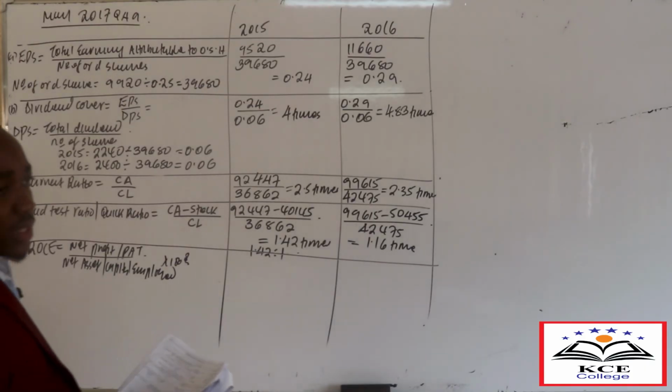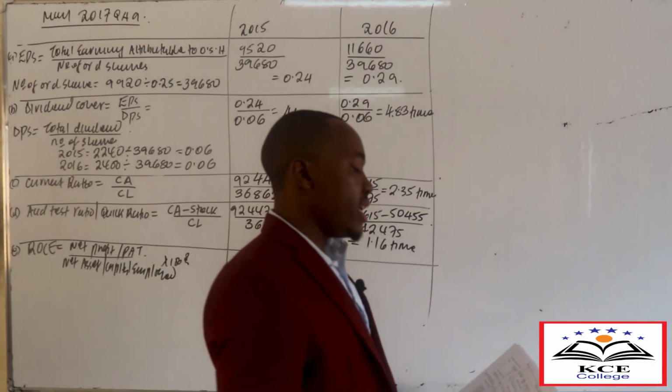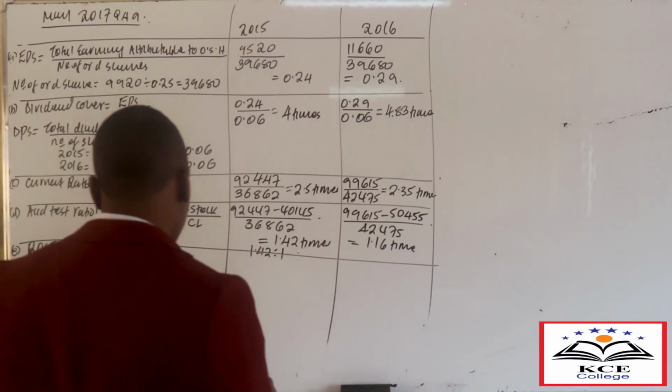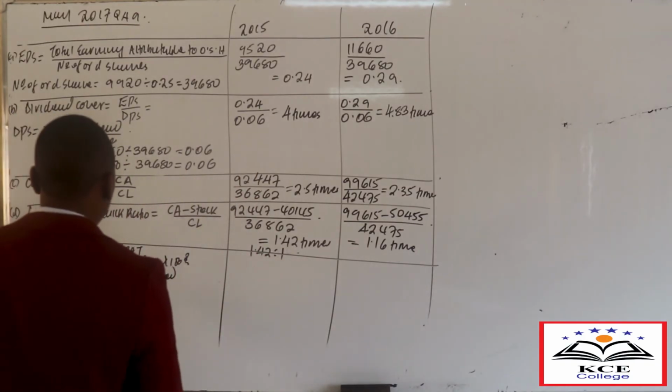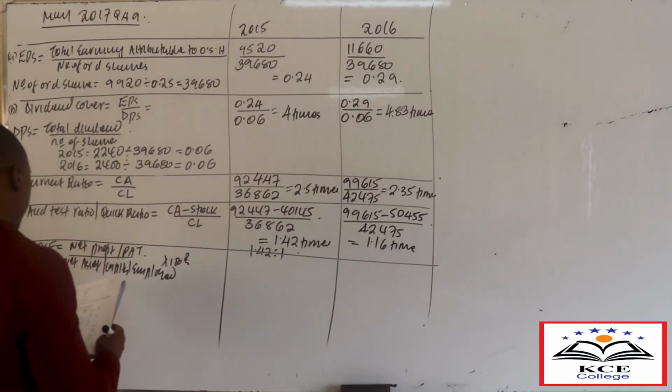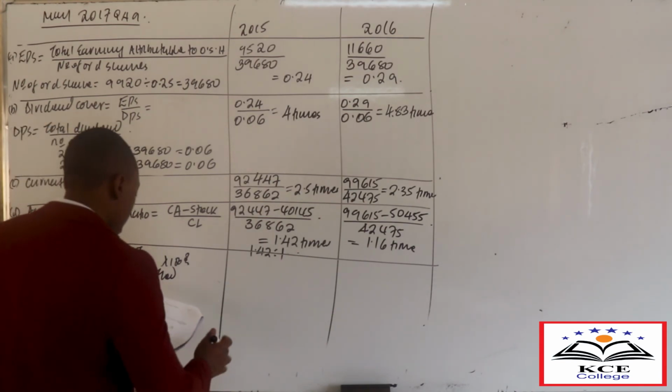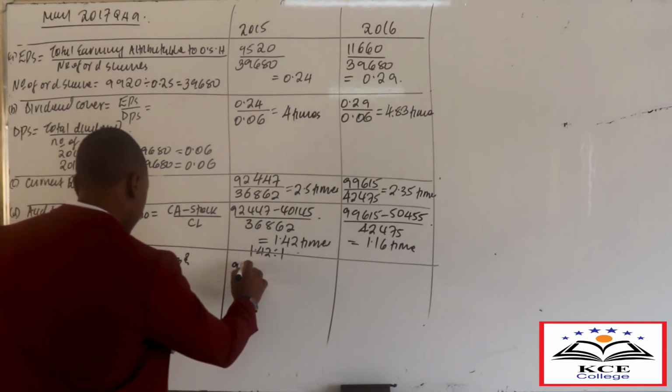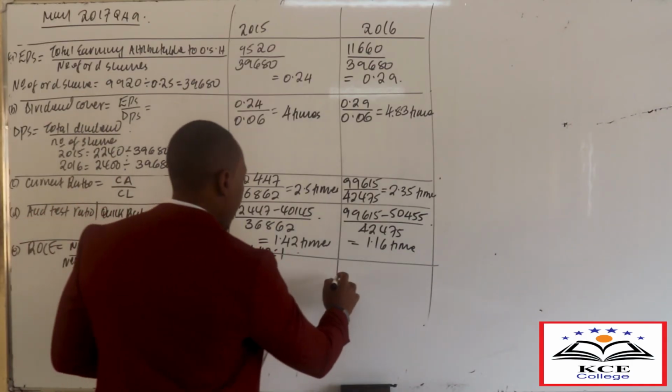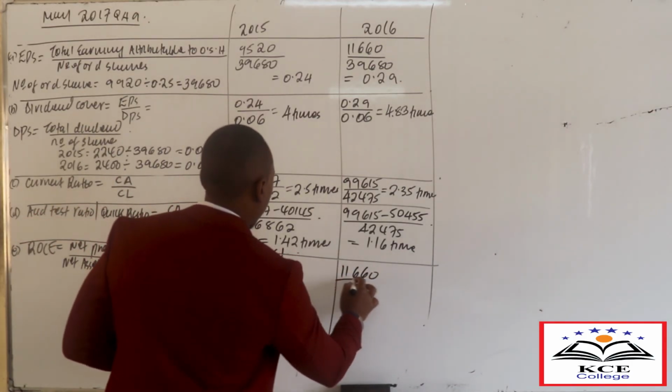So how much was the net profit? For the net profit, let's go to the income statement. For the income statement, we have profit after tax. And the profit after tax, here we had 95.20. Here we have 11,660.